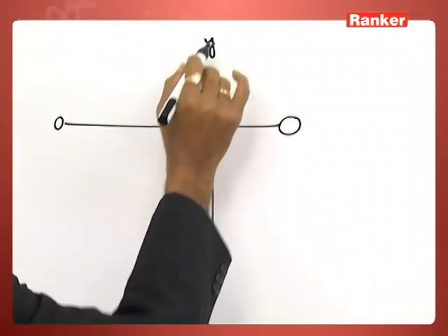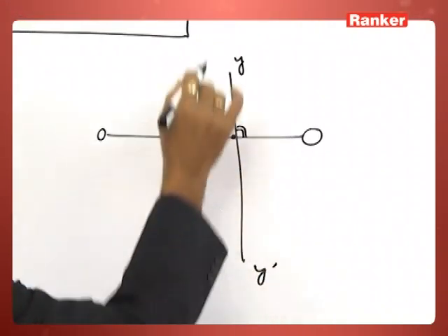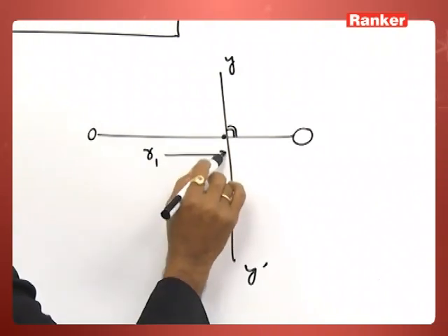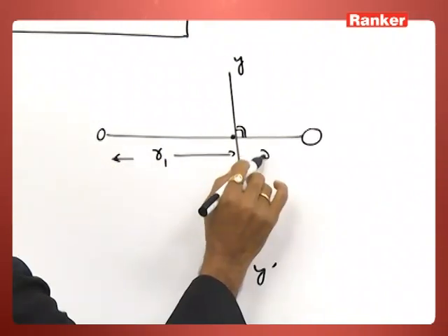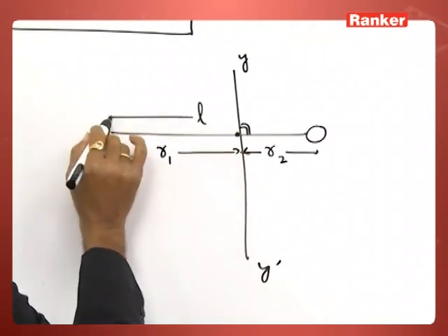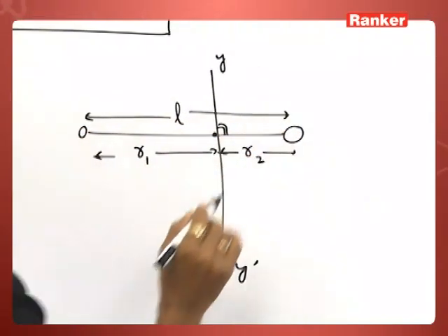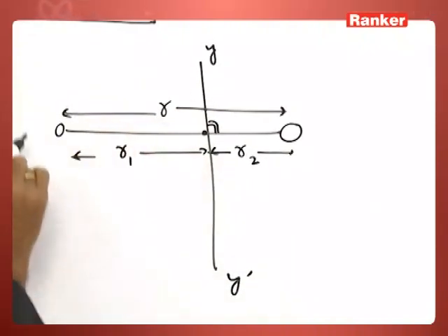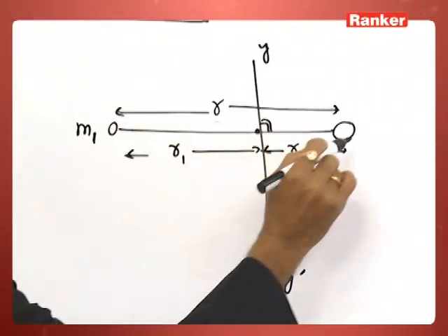This is the axis y dash. Let this distance be r1 and this be r2, and the length of the rod is given as L, or you can write R. This is M1, this is M2.